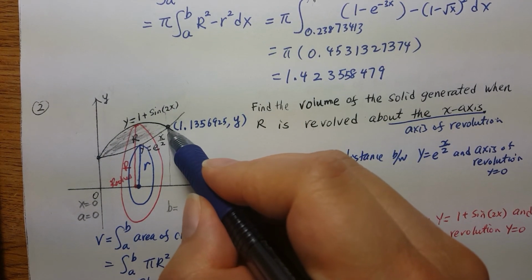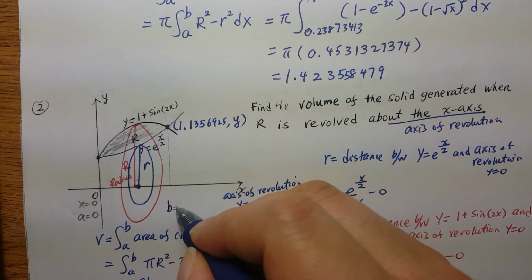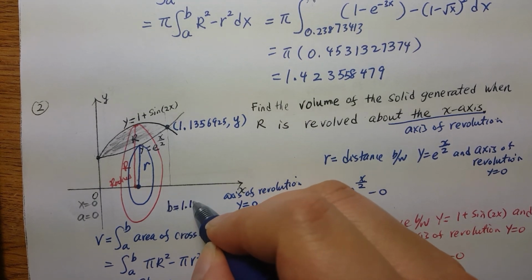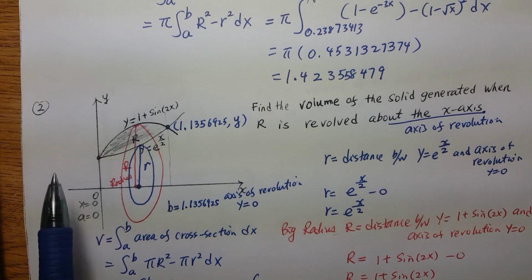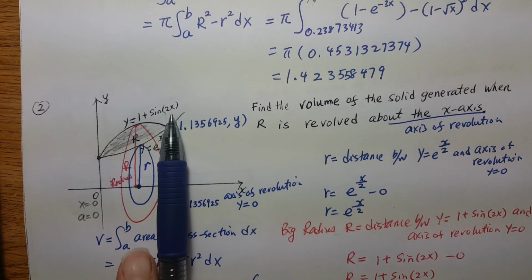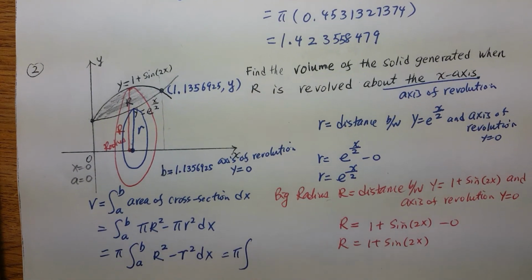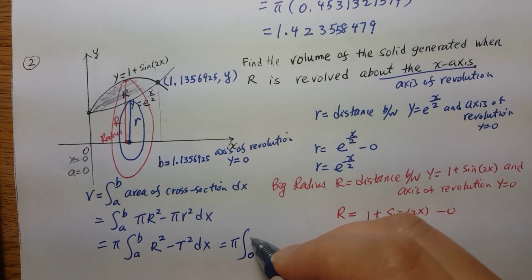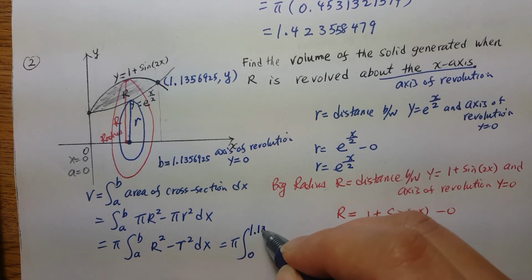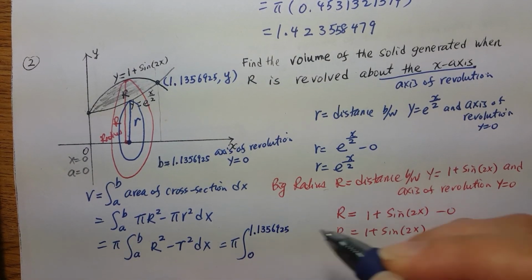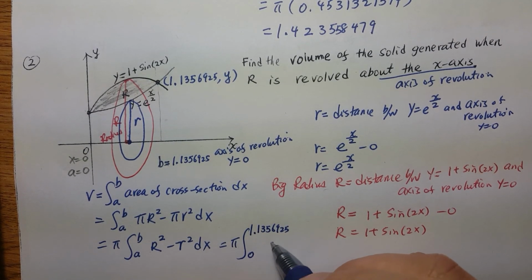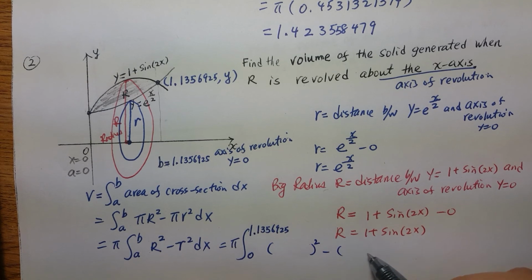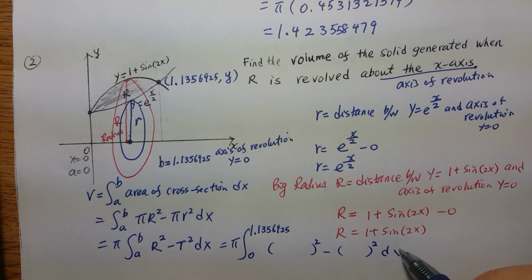So this is the x value. So b equals 1.1356925. Okay, so you have your a and b. So we have 0 to 1.1356925. Now we're going to do big R squared minus small r squared dx.